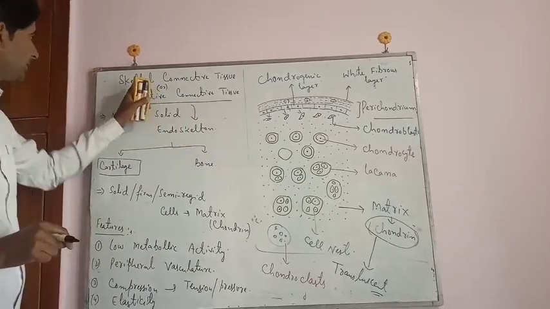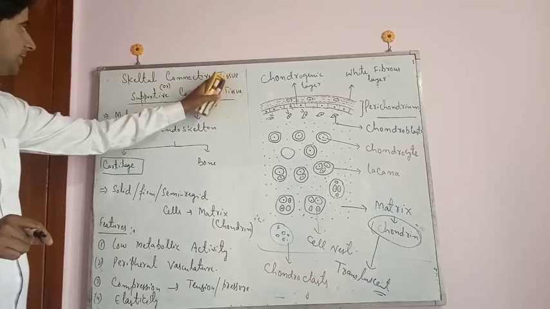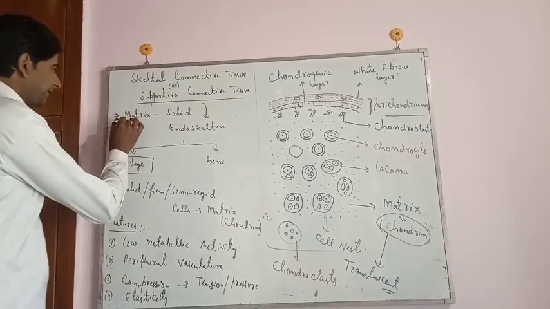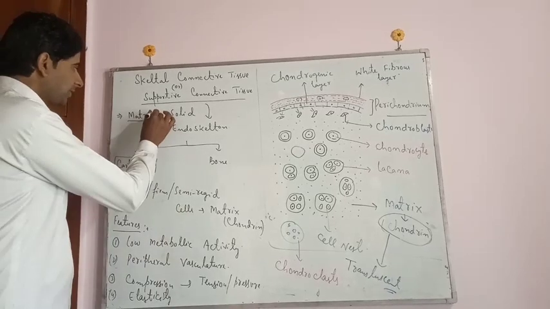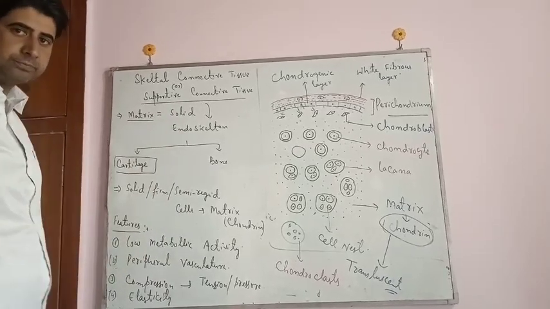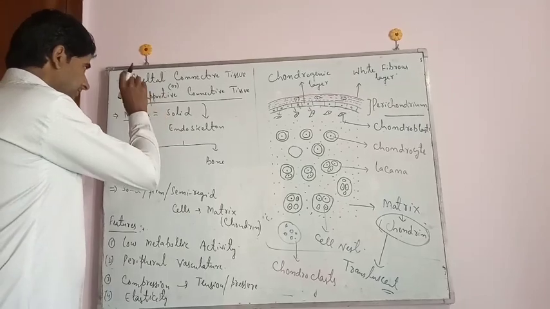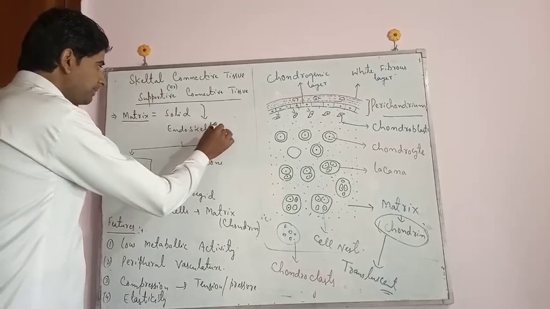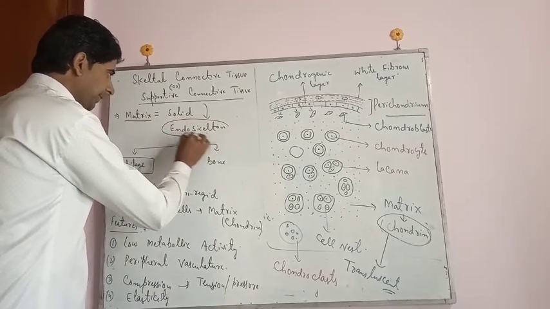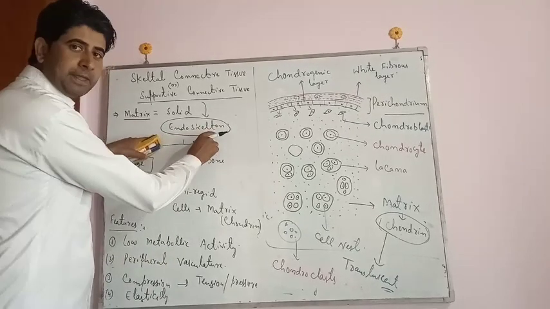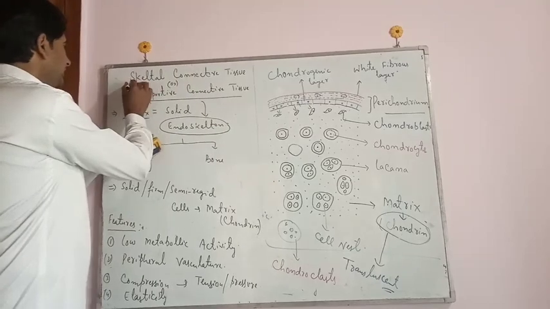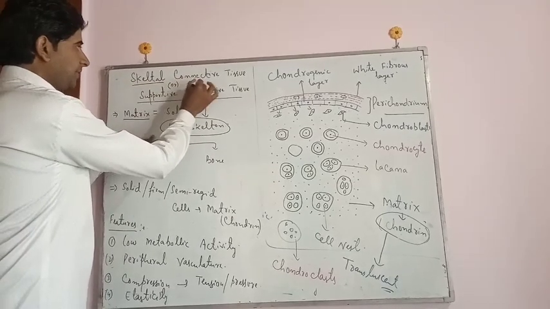So, the skeletal connective tissue is the tissue where the matrix, जिसको हम कहते हैं ground substance भी, it is solid in nature, and this skeletal connective tissue forms our endoskeleton of our body. Since it forms the endoskeleton of our body, that is why it is termed as skeletal connective tissue.